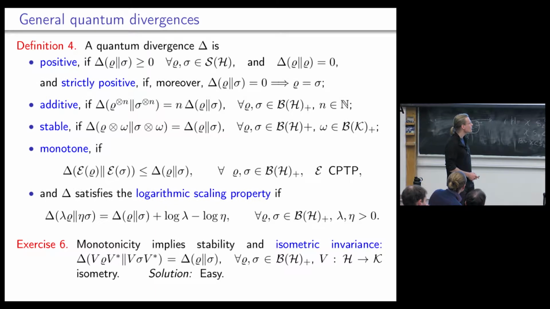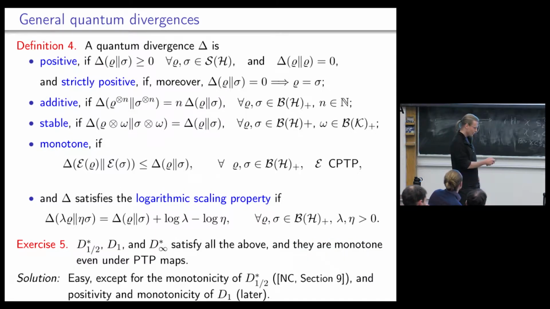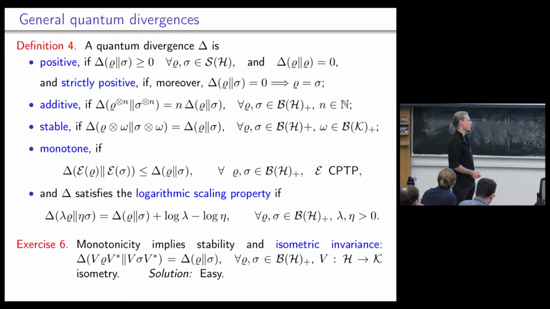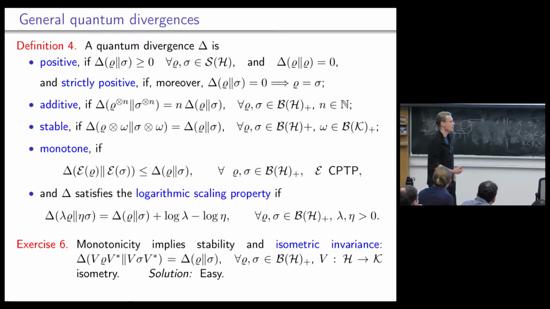Okay, so back to the properties. So you can verify these properties on these examples, and these properties are not independent of each other. For instance, if a divergence is monotone, then it implies stability, and it also implies an important property called isometric invariance, namely if you conjugate with an isometry in both states, then the value does not change. So this just means that if we embed both states in the same way into a larger Hilbert space, then the value of the divergence should not change.